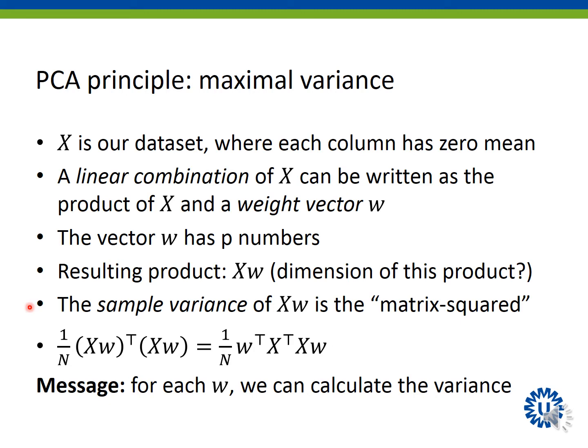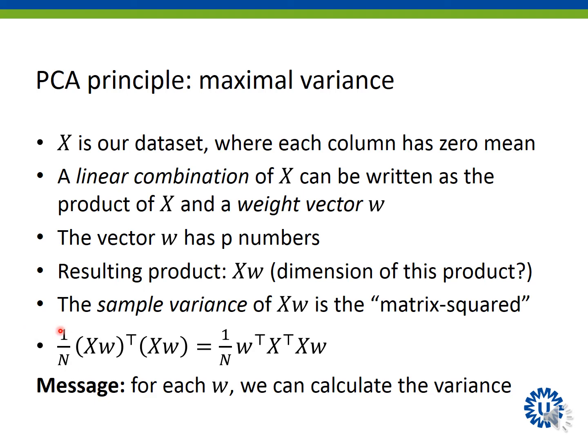Now, to calculate the variance of this product or projection, the sample variance of Xw, because each column has zero mean, you can more or less calculate it as the square of Xw. However, because this is a vector, you need to work with the transpose.